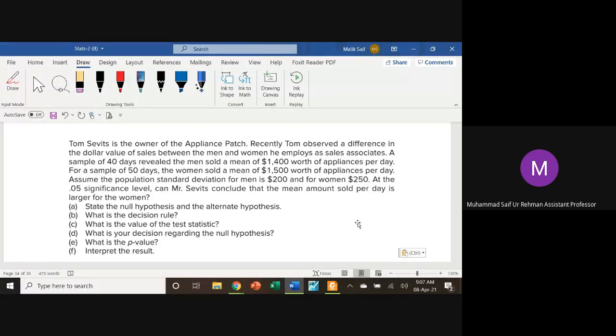A sample of 40 days revealed the men sold a mean of $1,400 worth of appliances per day. For a sample of 50 days, the women sold a mean of $1,500 worth of appliances per day. Assume the population standard deviation for men is $200 and for women it is $250. At the 0.05 significance level, can Mr. Savitz conclude that the mean amount sold per day is larger for the women?